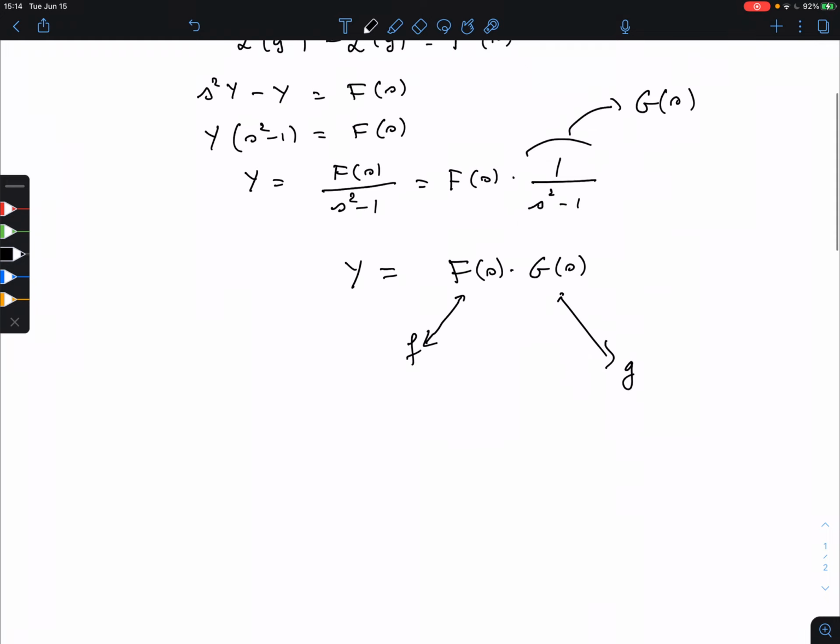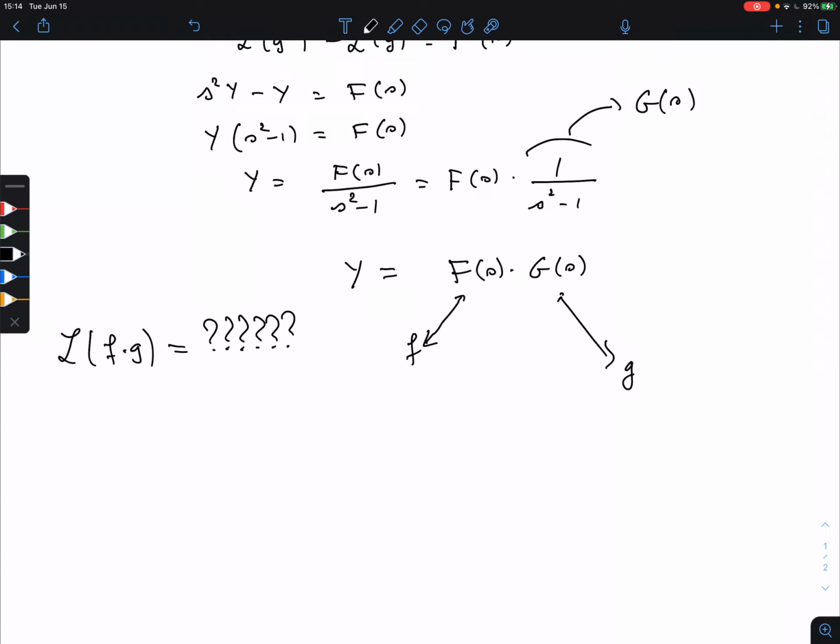Now you would say, professor, I know, this comes from f times g. Unfortunately, that is not true. The Laplace transform of a product, I write a lot of question marks because we don't have formulas for that.